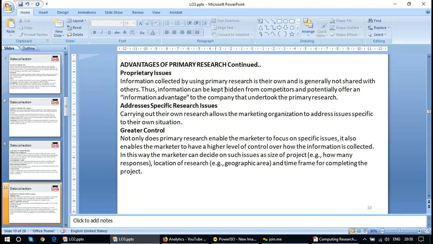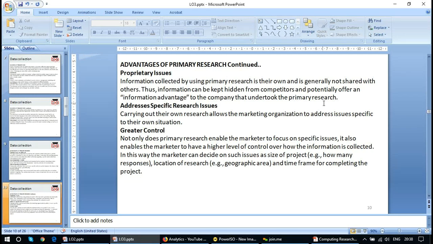Proprietary issues: information collected by using primary research is your own and is generally not shared with others. Thus, information can be kept hidden from competitors and potentially offer an information advantage to the company that undertook the primary research. So if you have done any research using primary data, then you are the owner.